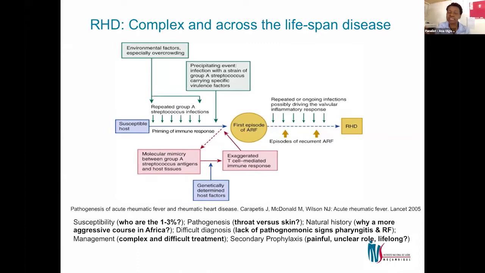So rheumatic heart disease as a complex starts from rheumatic fever, which in turn results from a sore throat. It's not up to now very clear if it's just sore throats caused by group A streptococcal infections, or if the skin infections also have a role to play, mostly in Africa, where the rate of skin infections is extremely high, many times linked to scabies.